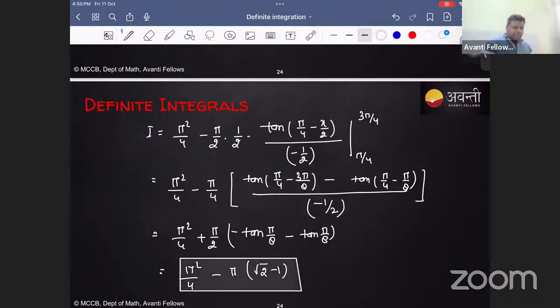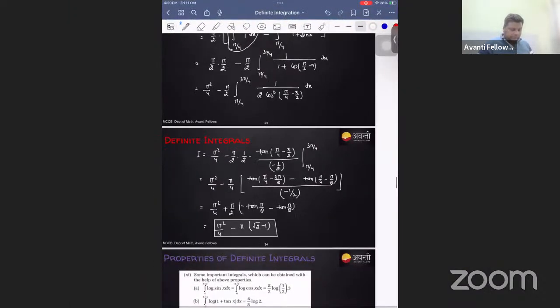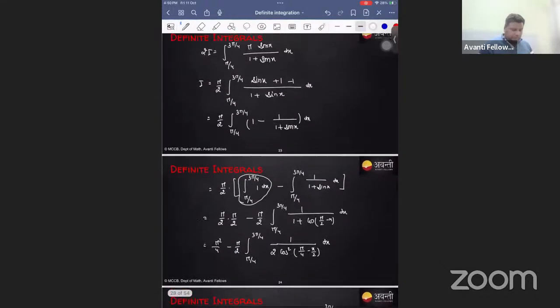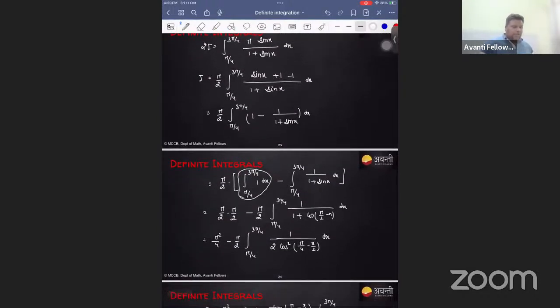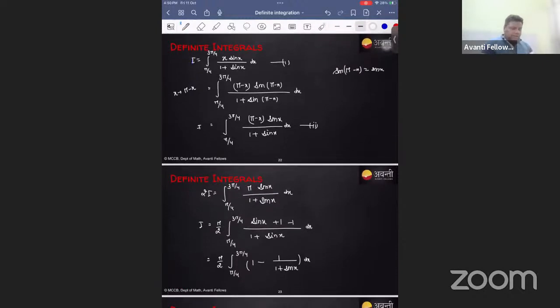Tough question it is. Have a look. Take 2 minutes to absorb it. First of all, take a look at these 2 pages.